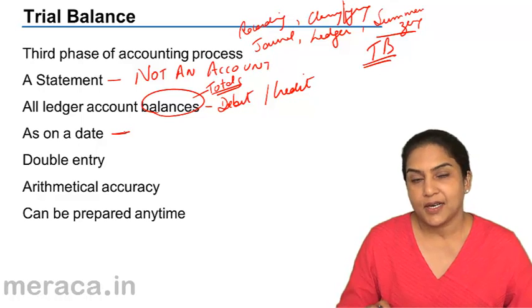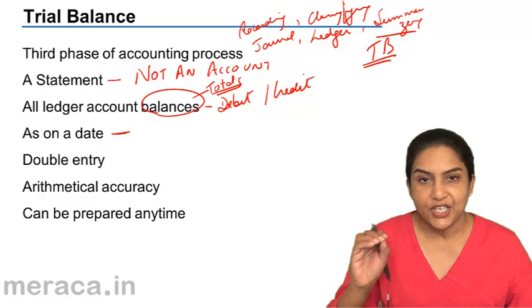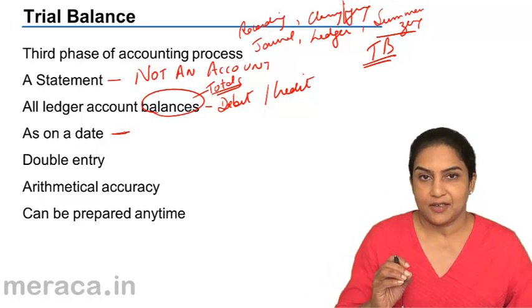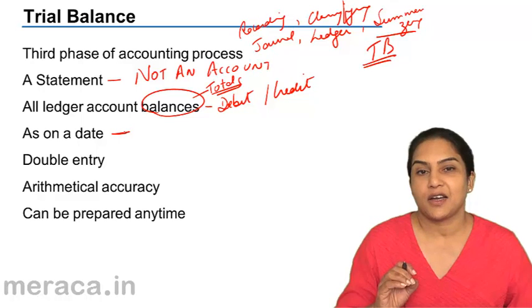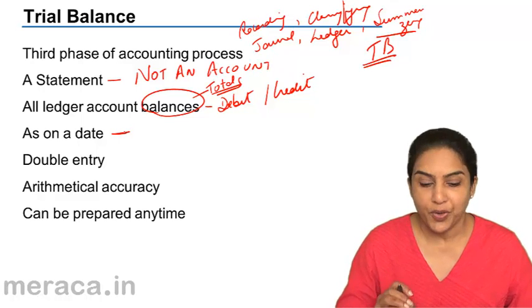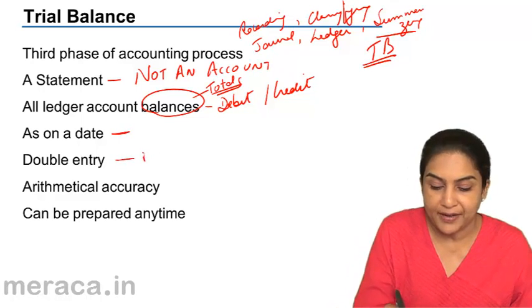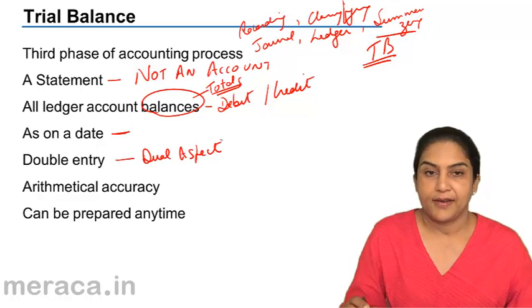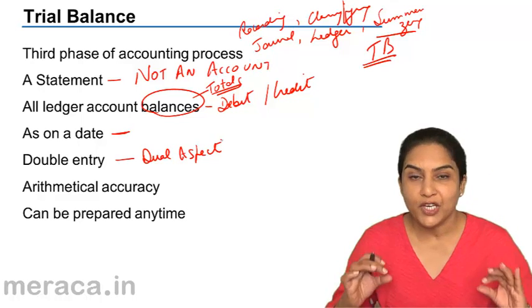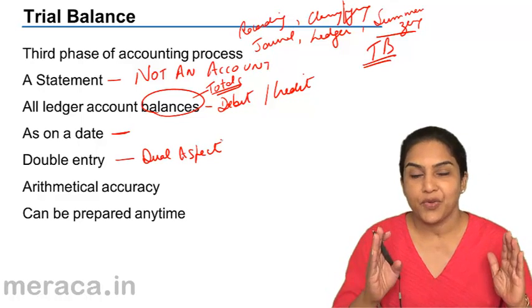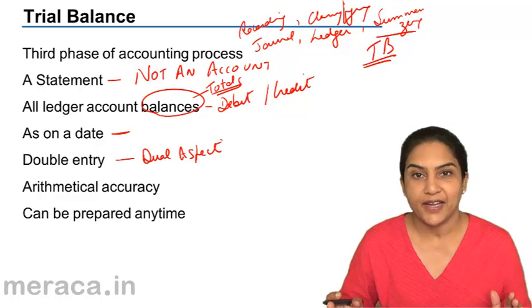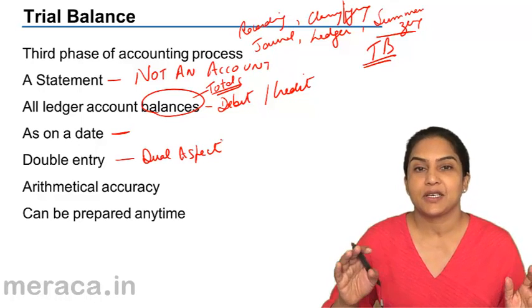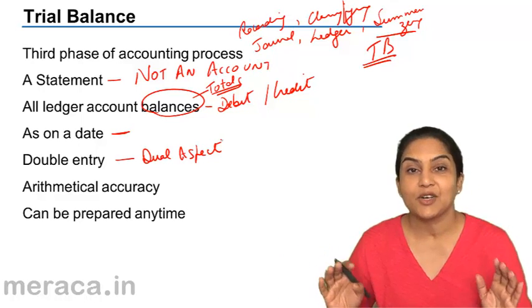Since the journal is first prepared following the rules of double entry, the dual aspect, where we had an accounting equation which was satisfied, where we had a left side and a right side, a debit side and a credit side, and debit was always equal to credit.